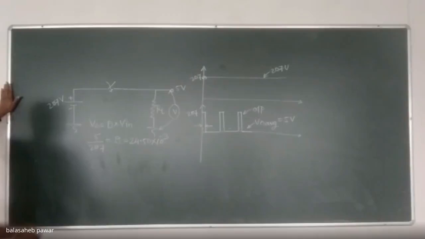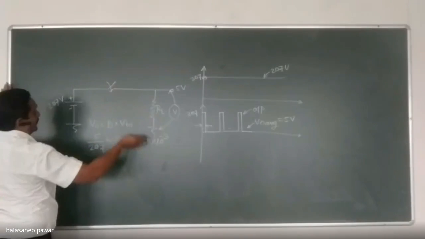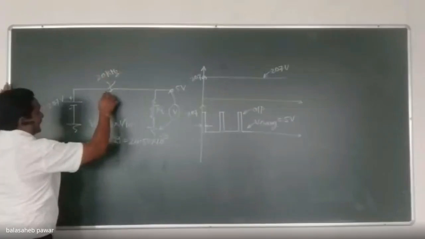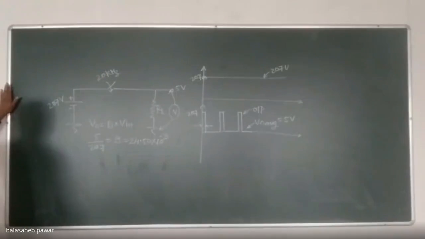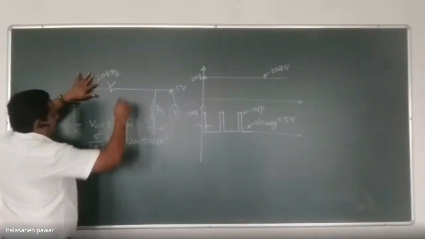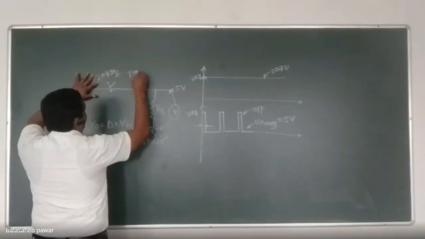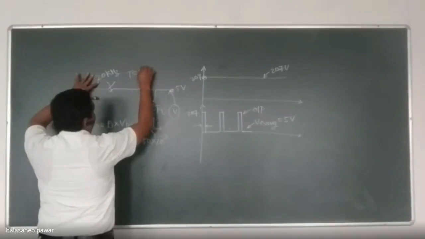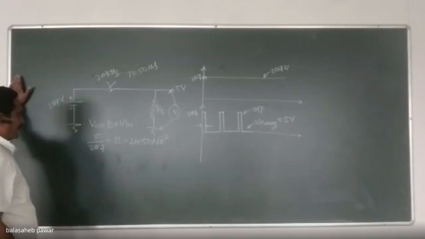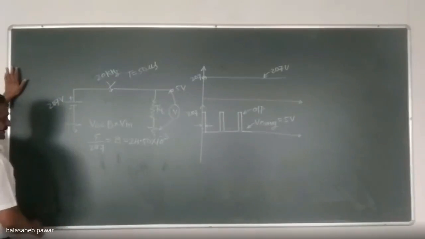Now, the switching frequency we decided is 20 kilohertz. Am I right? The switch should get turned on and turned off with how much frequency? 20 kilohertz. That means capital T is the reciprocal of this 20K, and it is 50 microseconds. Correct? Do you agree with this?